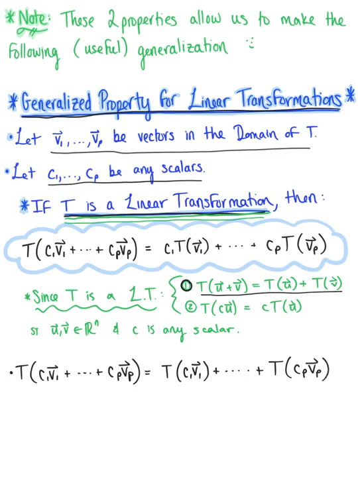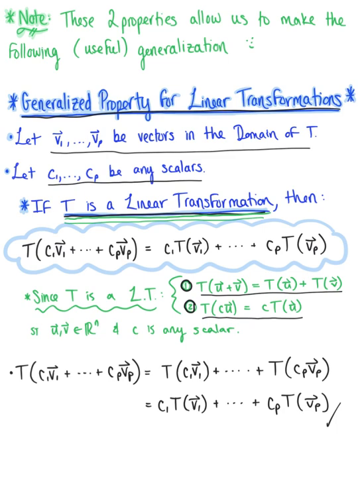Now again, since T is a linear transformation, we know that it preserves the operation of scalar multiplication. So we can rewrite this as the sum of all the scalar multiples of these images. So we have the scalar multiple c sub 1 times the image of vector v sub 1 under the action of T, and we continue all the way up until we have the scalar multiple c sub p multiplied by the image of vector v sub p under the action of T. And that's exactly what we wanted!